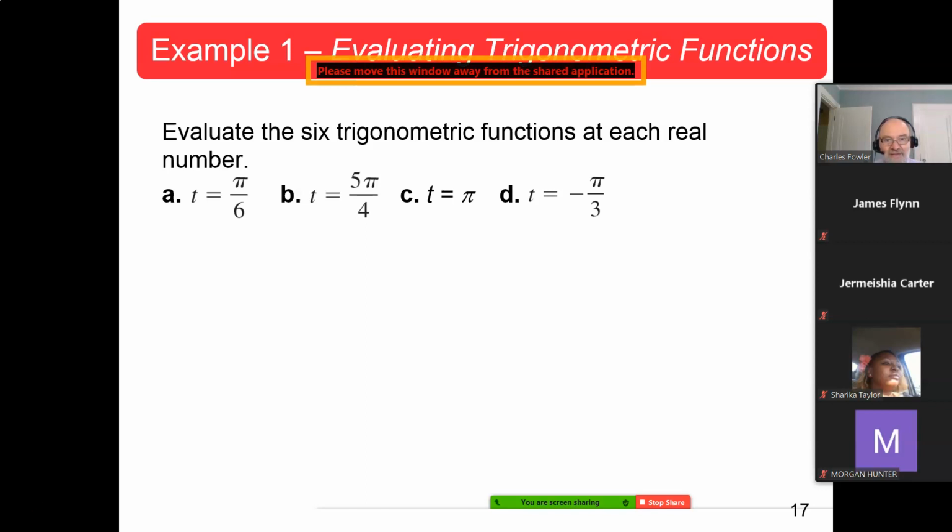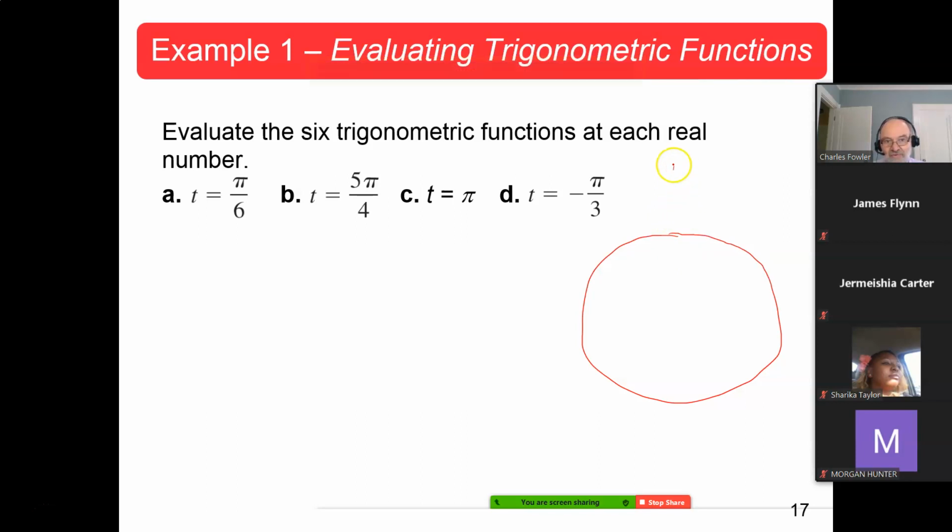Here we have t is equal to negative pi thirds. What I like to do is draw the picture. On this screen, they're going to be really ugly pictures because I don't draw circles well, but let's just imagine that's a circle.